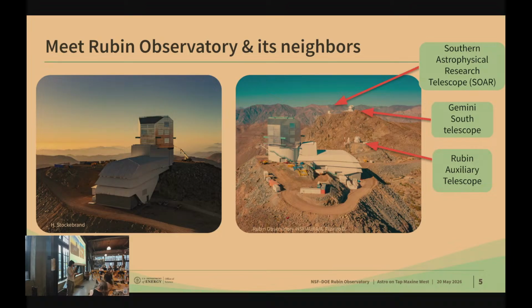It has a massive camera, the largest digital camera ever created, 3.2 gigapixels, which is a unit you've probably never heard of in terms of cameras. It takes pictures of the sky sequentially, and the goal is to create the deepest possible image of the sky every 3 nights over the course of 10 years, building up the largest time lapse of the universe ever made.